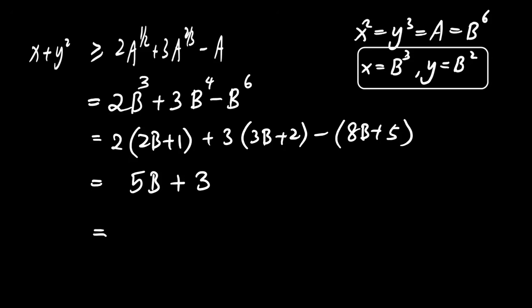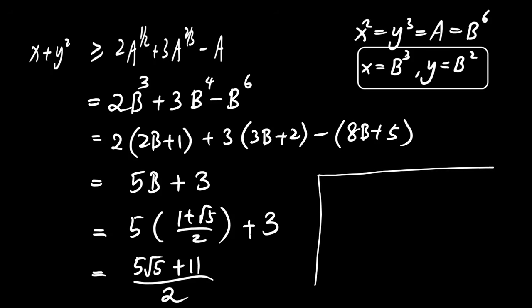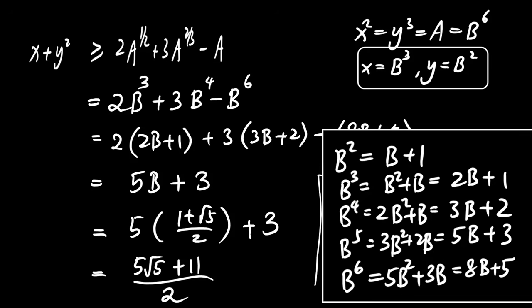And b is 1 plus square root of 5 over 2, and plus 3. That will be 5 square root of 5 plus 11 over 2. We can also calculate that this value should equal x plus y squared, where x equals b to the power 3 and y squared is b to the power 4. b to the power 3 is 2b plus 1 and b to the power 4 is 3b plus 2.